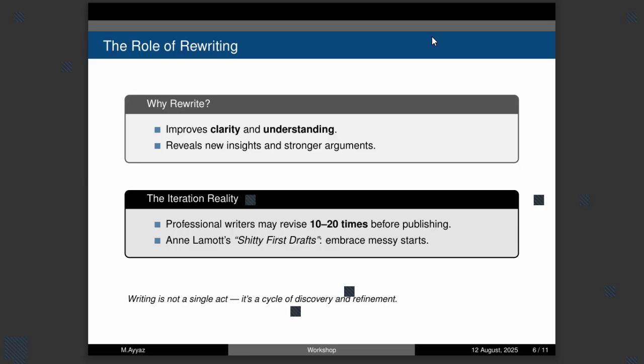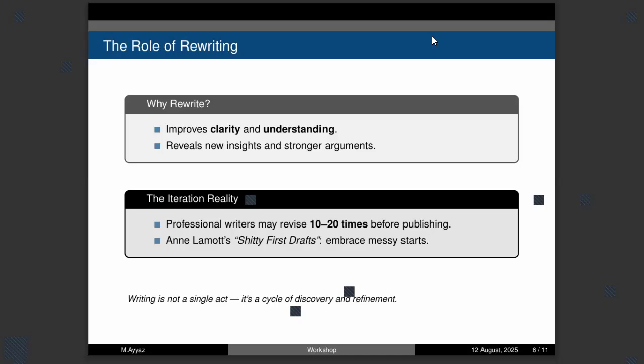And through this process of recognizing our mistakes and making improvements, we can clarify our ideas. So the first thing is to write clearly, and clear writing can increase the clarity and understanding of our ideas.